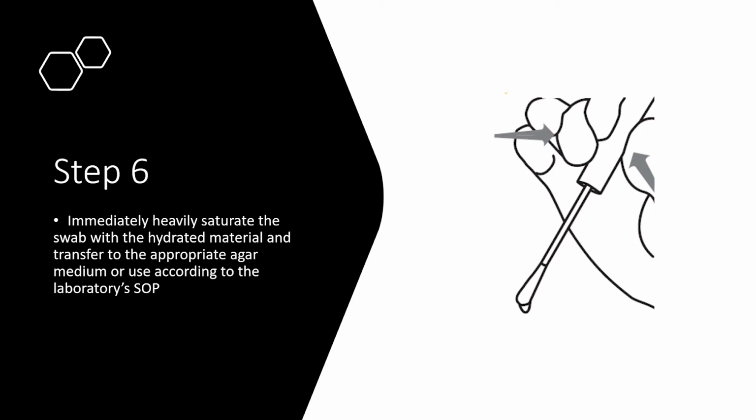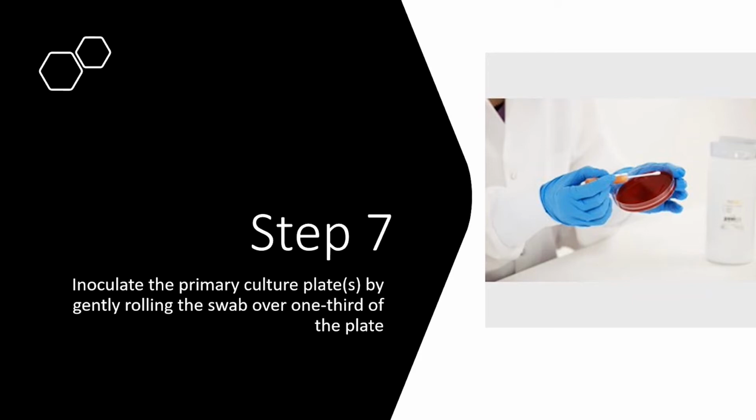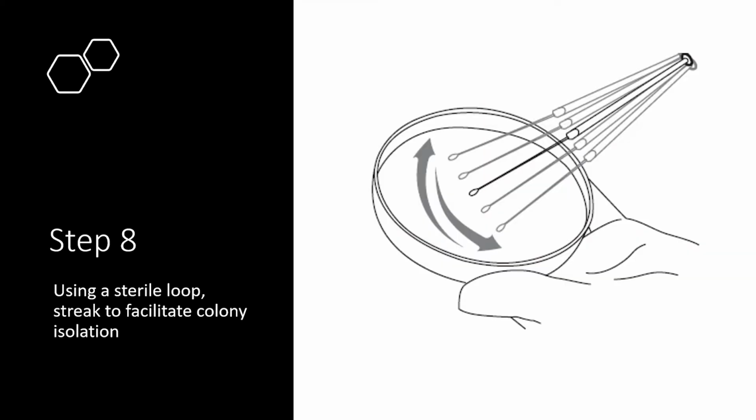Once it's reconstituted and homogeneous, take it out and use that to inoculate the plate itself. Normally it's recommended that you inoculate a third of the plate, and then use a sterile loop to streak out to facilitate colony isolation.